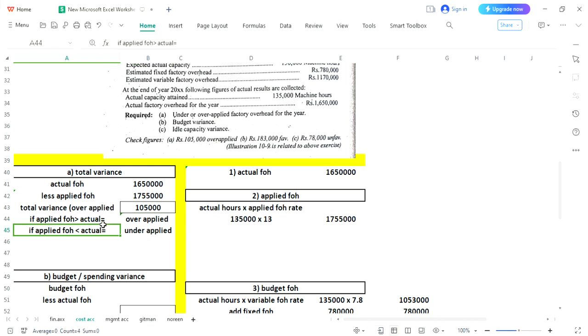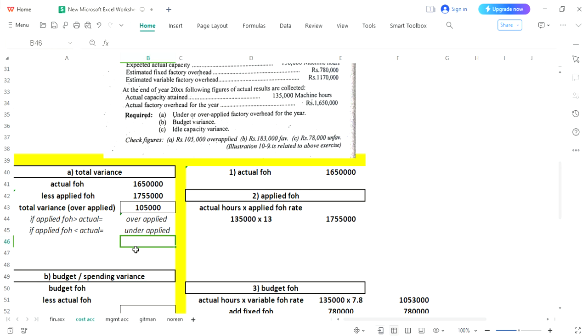Okay, and this was your first requirement, number A. You can see the answer 105,000. 105,000 is our answer, and we have understood that it is over applied. It has also been mentioned beside the answer. So these two things were not needed, we are just writing them as our working.